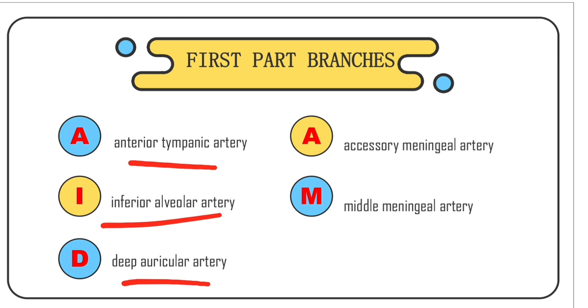The accessory and middle meningeal arteries both supply the meninges present in the brain, mainly the dura mater. So these are all the branches which arise from the first part of the maxillary artery.